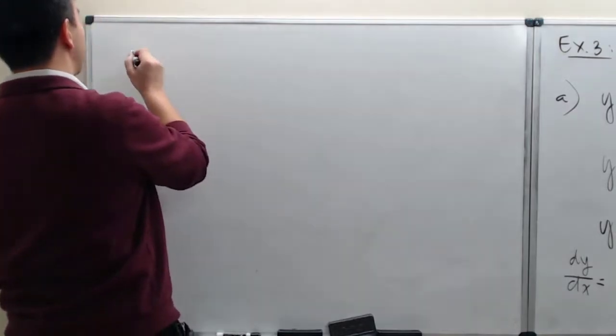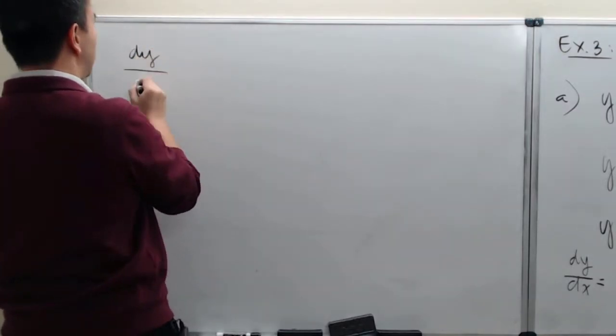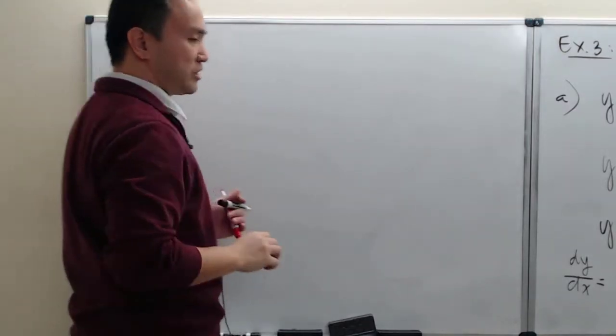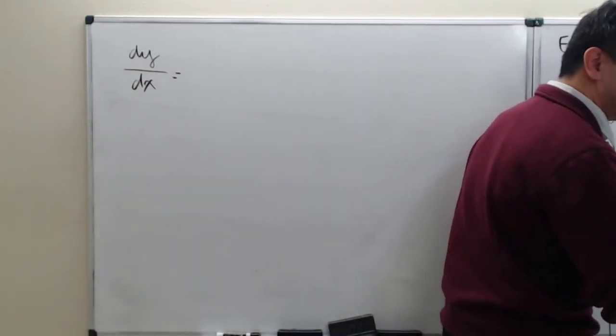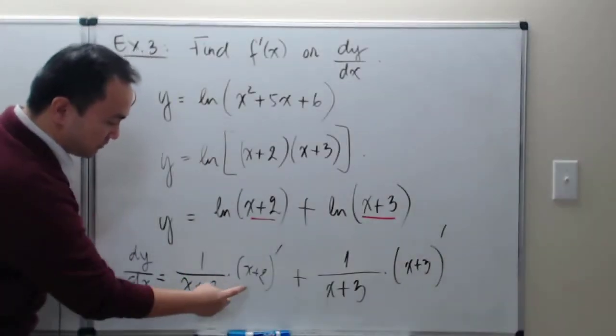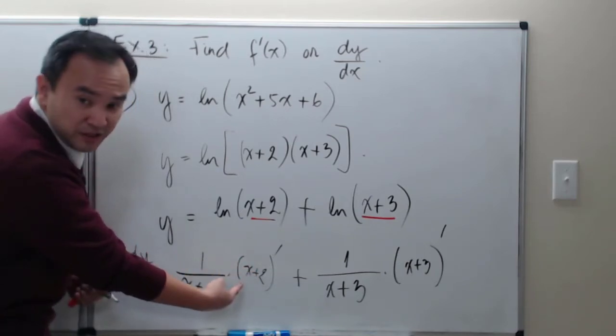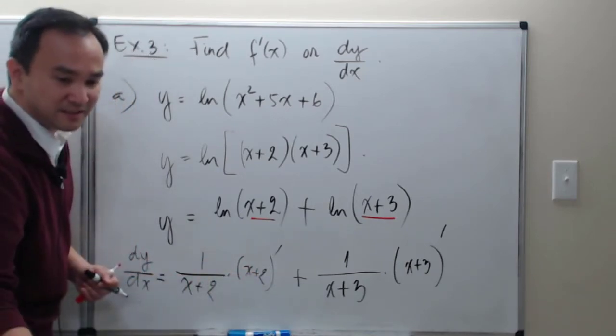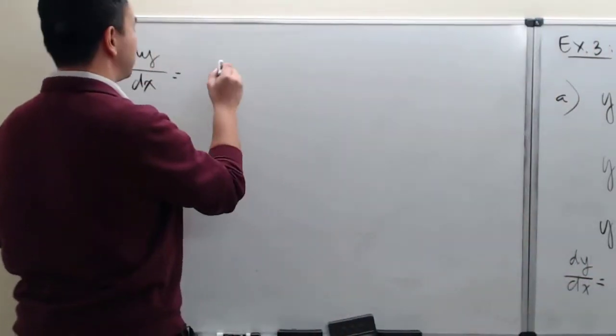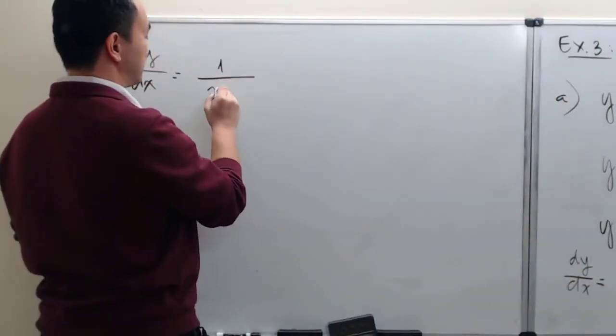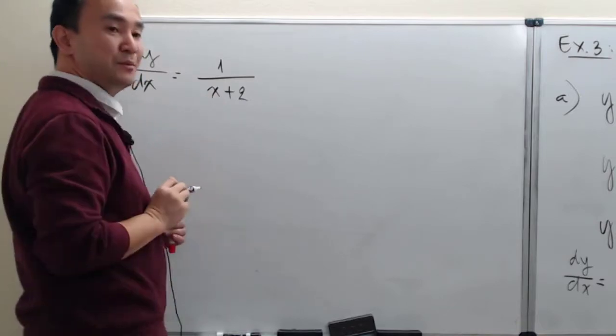One more time, let's swing back to the other board. The next thing we need to do for that term is take that derivative, but that simply becomes a 1. So now this is just simply 1 over x plus 2. That's it. I don't have to write times 1.